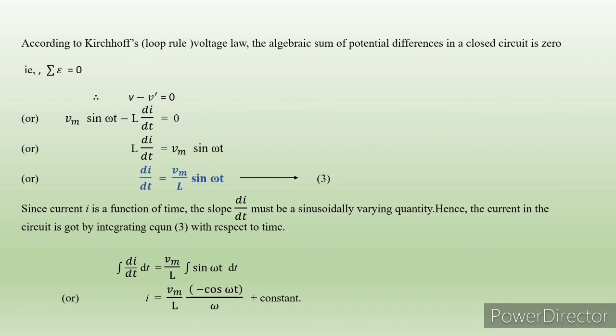So on the left hand side, dt and dt get cancelled. Therefore, integral of di becomes I, and that is equal to Vm by L into integral of sin omega t, which gives minus cos omega t, and the coefficient of omega comes in the denominator, plus an integration constant.